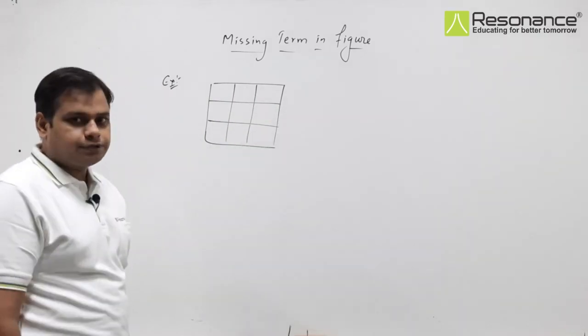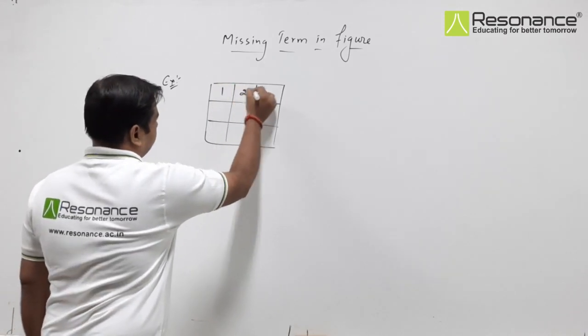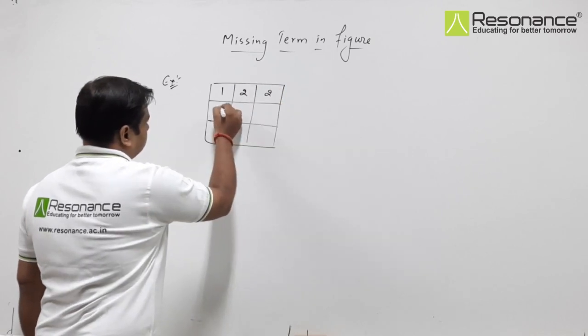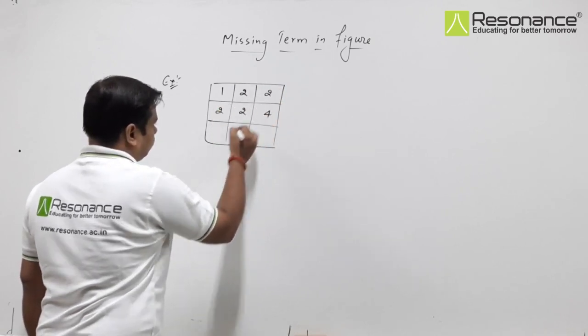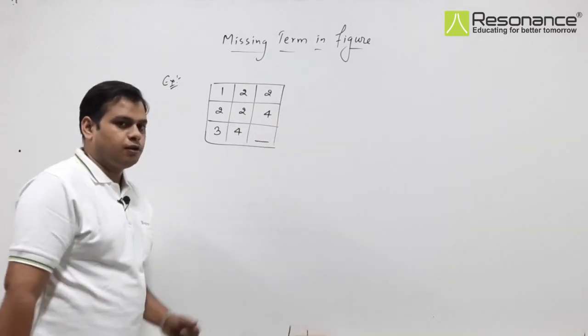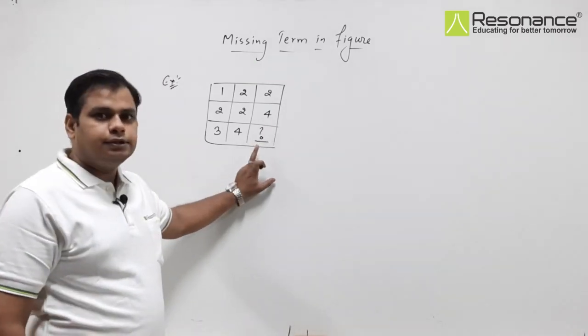This is a grid of 3 by 3 and we have some numbers here: 1, 2, 2, 2, 2, 4, 3, 4, question mark, that means blank space. We have to find this place.